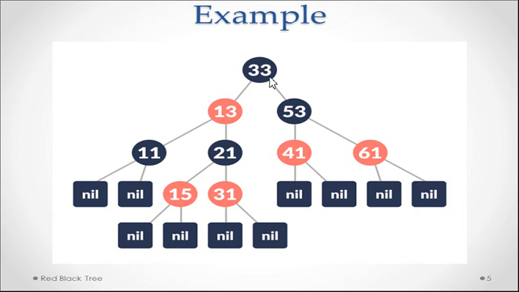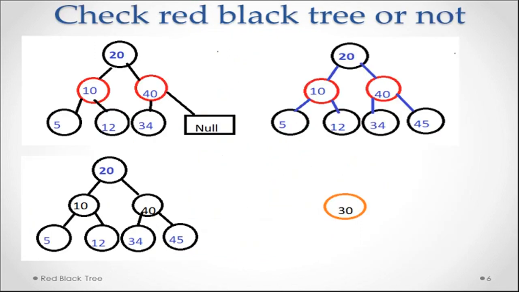For this path there are two black nodes, for this path two black nodes, for this path two black nodes, and again for this path two black nodes. So this is called black length and it is 2 for each path. So this satisfies all the properties. So this is a red black tree.